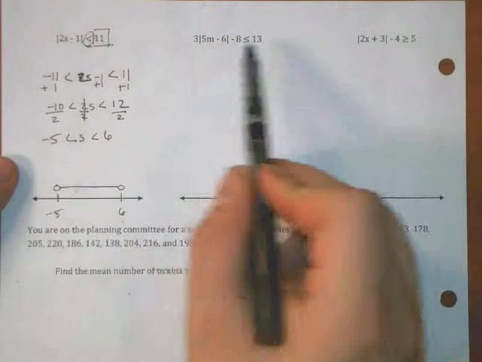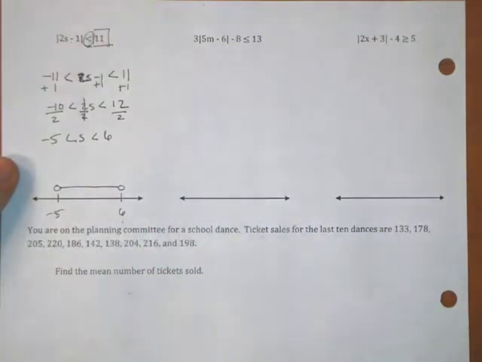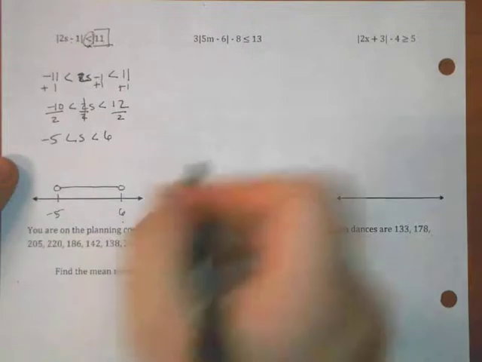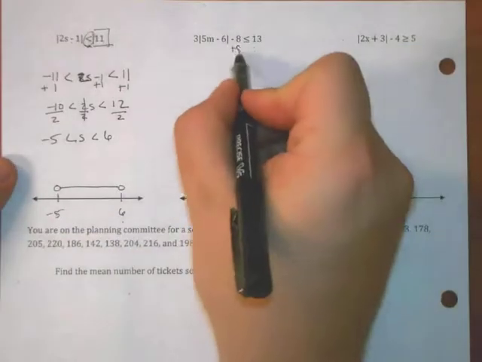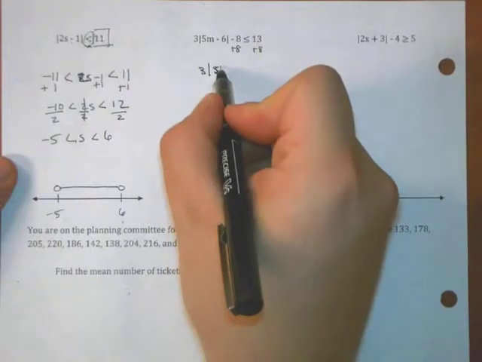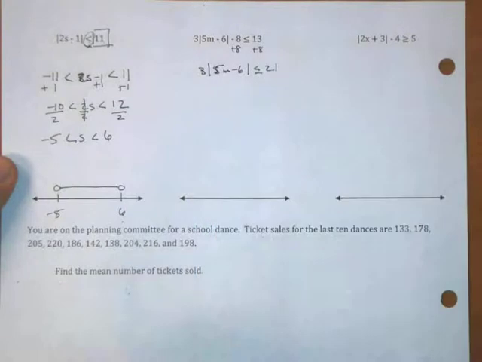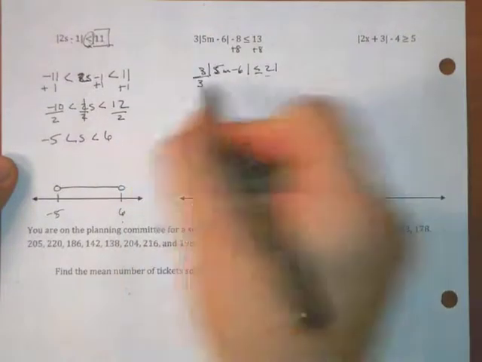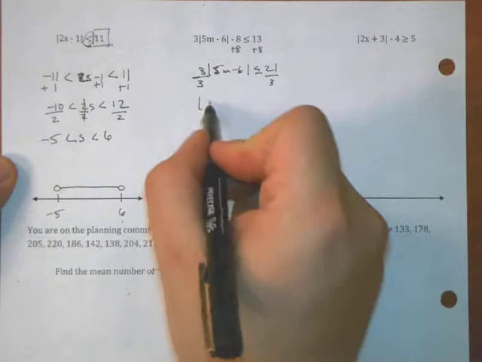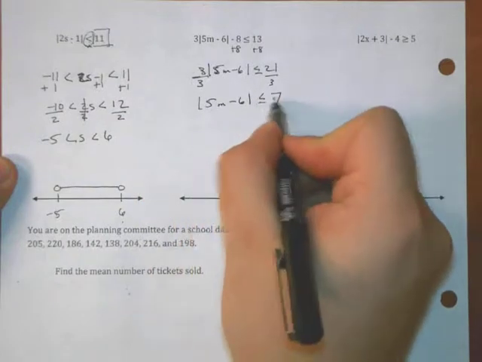If there's something going on outside the absolute value, just like we saw the last 2 days, let's get the absolute value by itself first, and then we'll finish solving from there. So undo this adding first. So you have 21. Undo this division. Get absolute value of 5m minus 6 is less than or equal to 7.